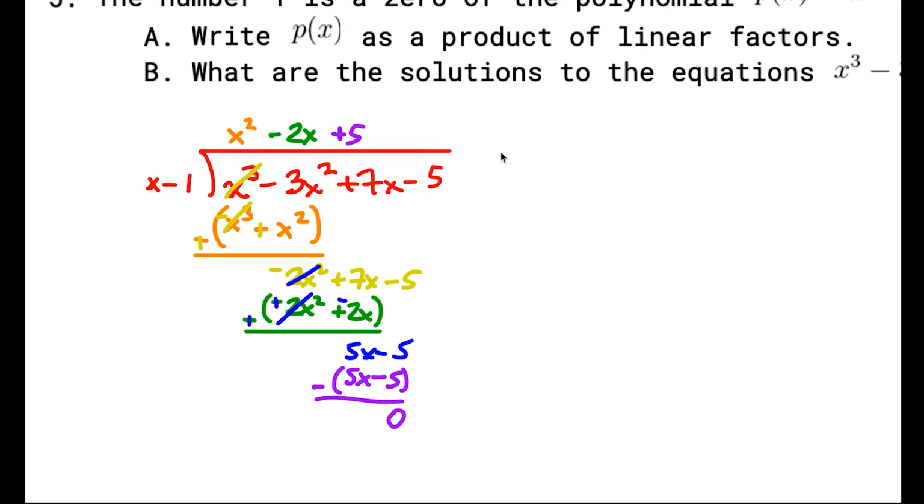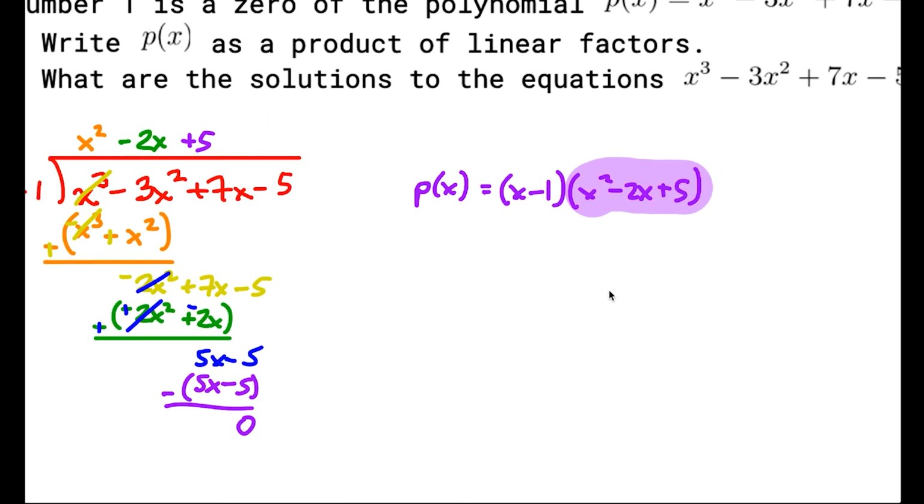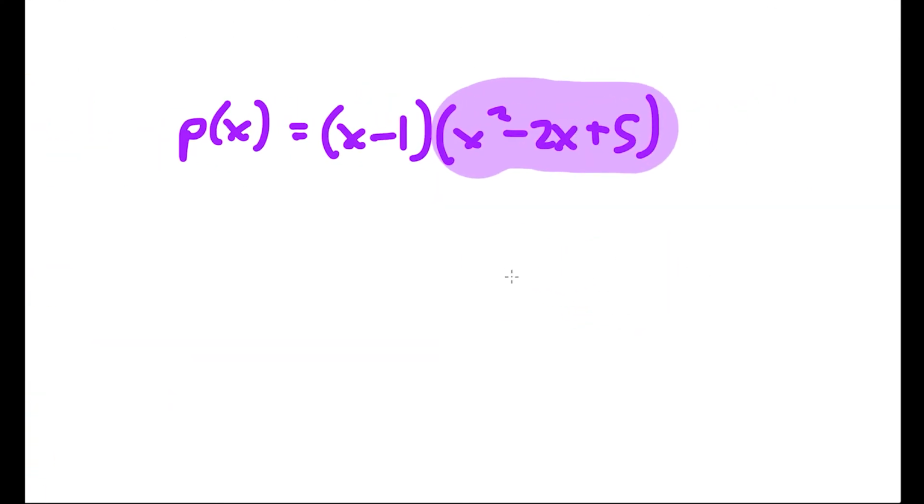All right, so now we end up with p of x being factored into the following. So basically now p of x is going to be equal to x minus 1 times that x squared minus 2x plus 5. But this part right here can be factored as well, because you can see that it's x squared, so that means there should be 2 linear factors in this as well.